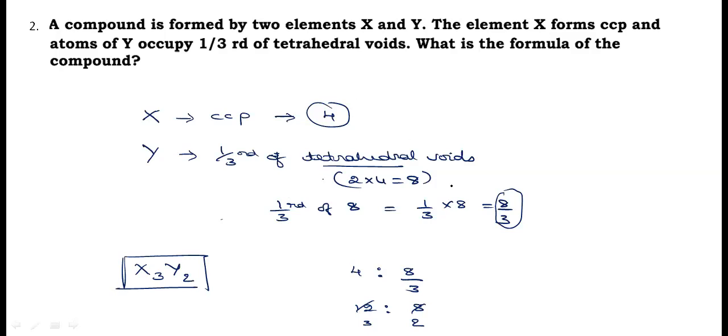So X is 4, Y is 8/3. For these values, if you find a simple whole number ratio, it is 3 is to 2. X3Y2 will be the formula of the compound.